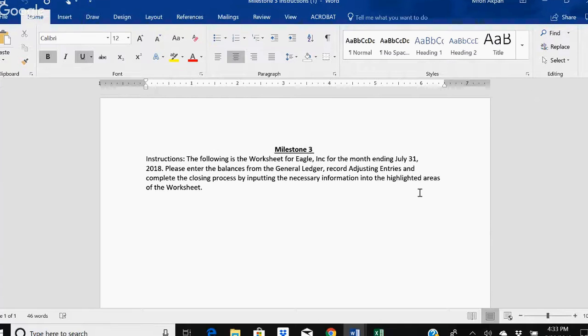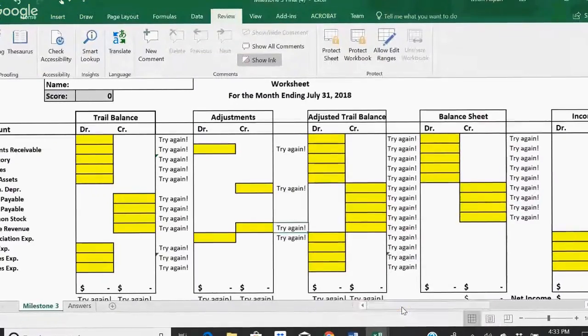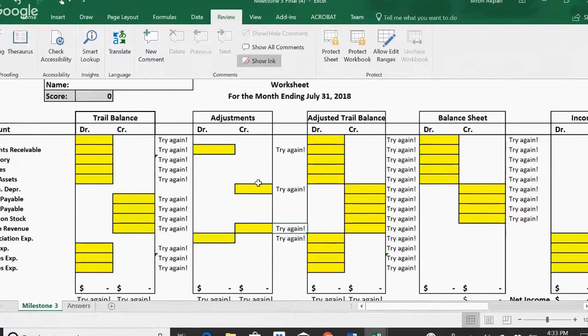We'll be performing adjusting entries from module 7, and then we'll complete the closing process and put in the necessary information there. Now, let's take a look at milestone 3.